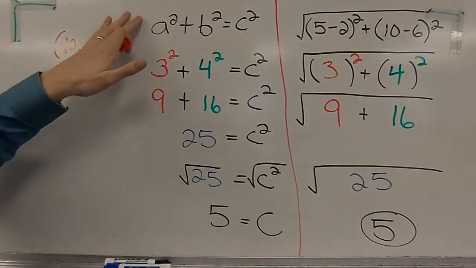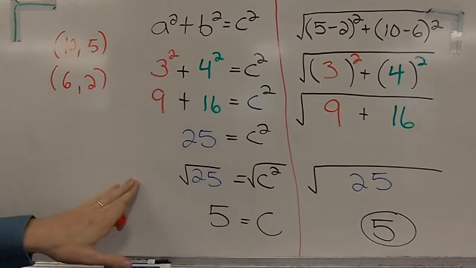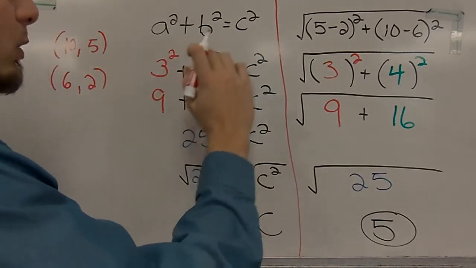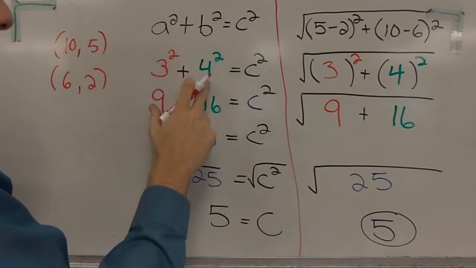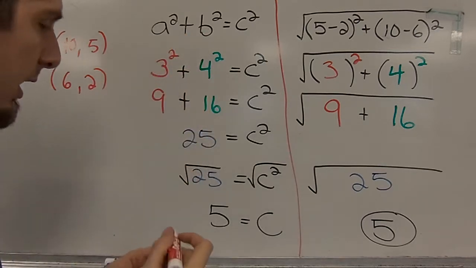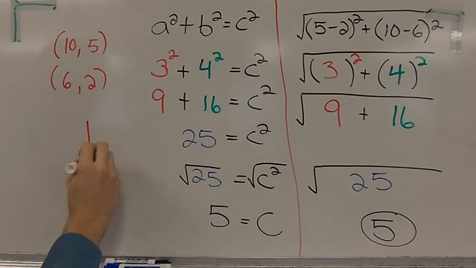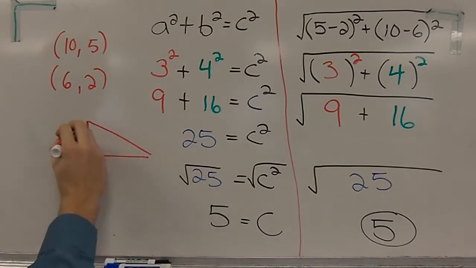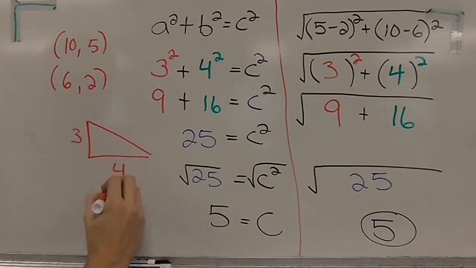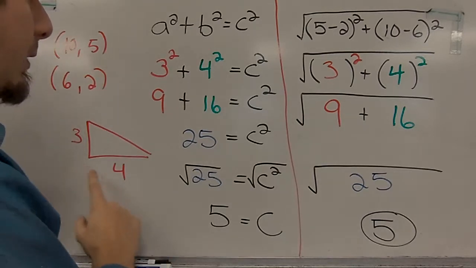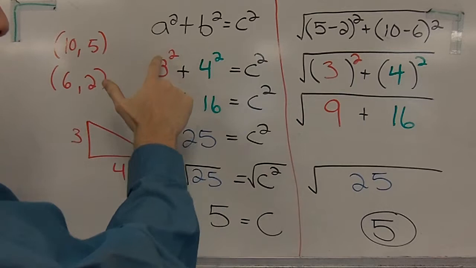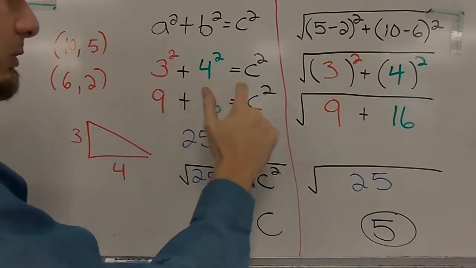Over here in the Pythagorean theorem side of things, we've assumed we have a right triangle that has a side length of 3 and a side length of 4. We said that if you square both of those side lengths, it should equal c squared.